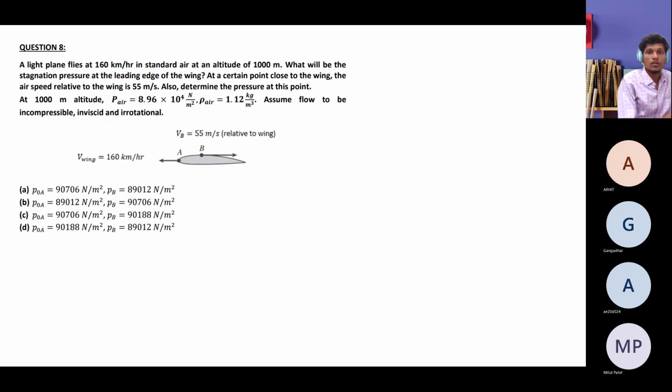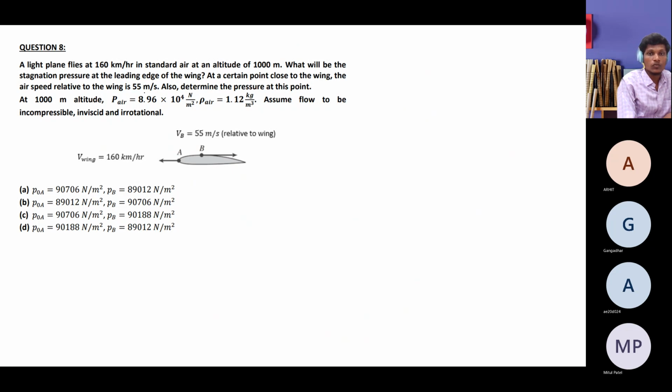So the question is, we need to calculate the stagnation pressure. Stagnation pressure occurs at the leading edge of the airfoil, that is at point A. Another piece of information we have is that at a certain point close to the wing, the airspeed relative to the wing is 55 meters per second. That means at point B, the velocity is 55 meters per second.